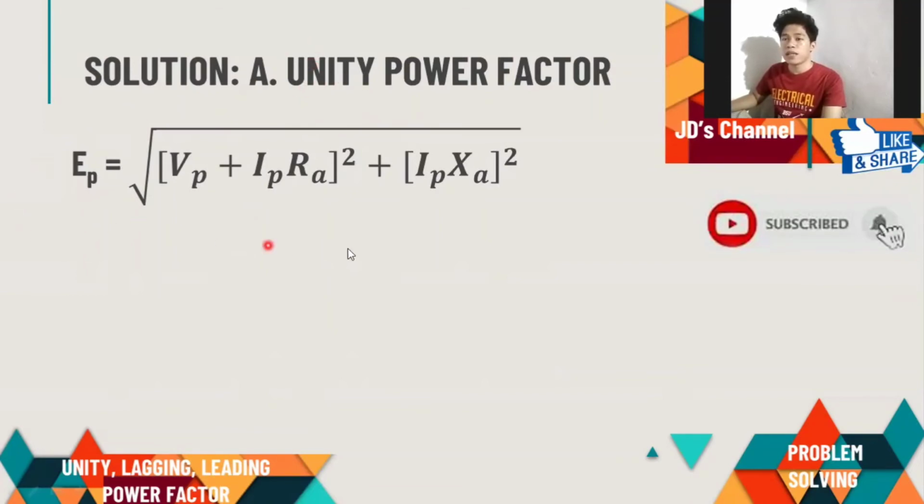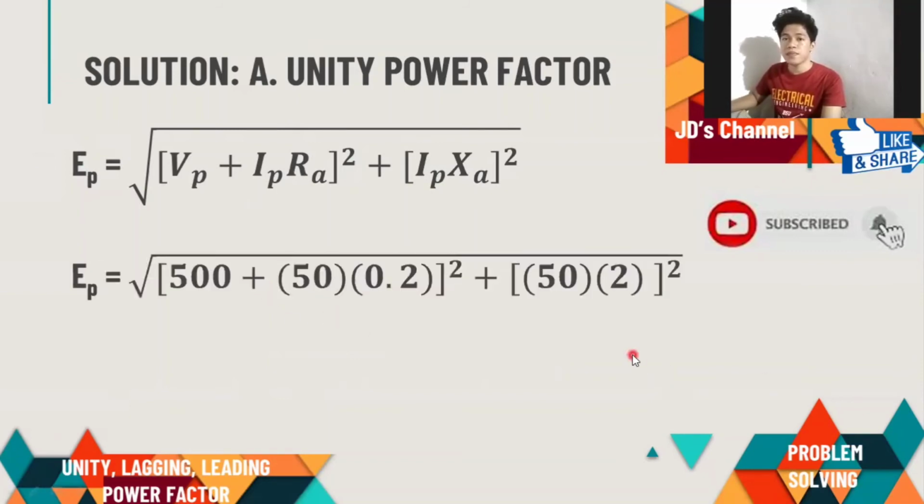So ito yung ating formula, and substitute lang natin yung ating mga given kanina: the V phase, I phase, RA, and yung ating inductive reactance. So we have the square root of 500 plus 50 multiplied by 0.2, that is our armature resistance, quantity squared, plus 50, that is our I phase, multiplied by inductive reactance, that is 2.0, quantity squared.